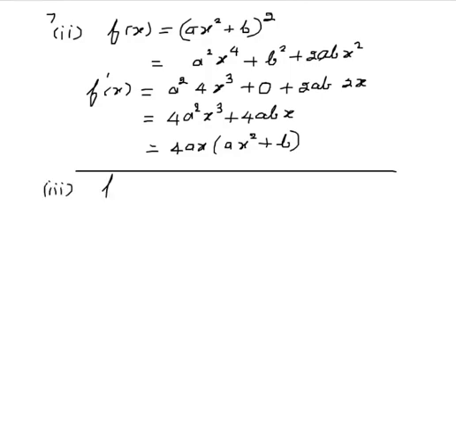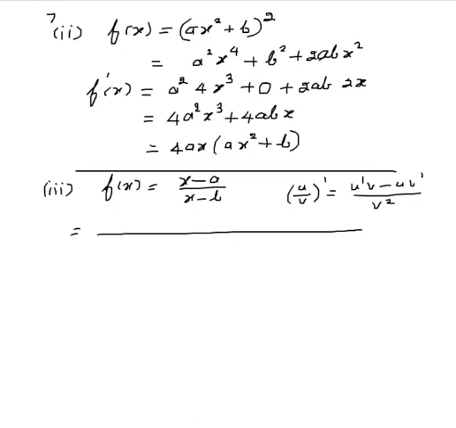Third subdivision. F of x is equal to x minus a divided by x minus b. We will use quotient rule. U by v the whole dash is u dash v minus uv dash divided by v square. U is the numerator and v is the denominator.